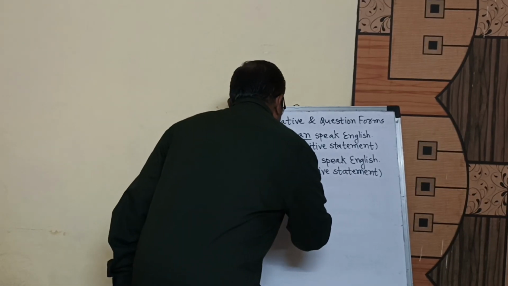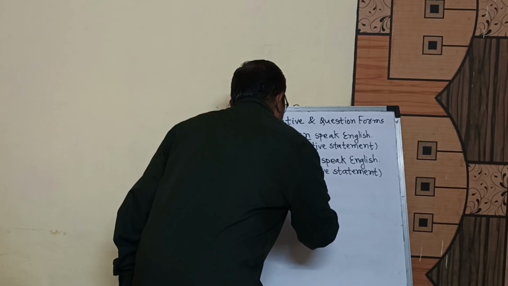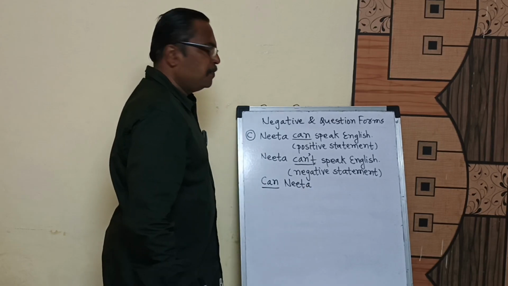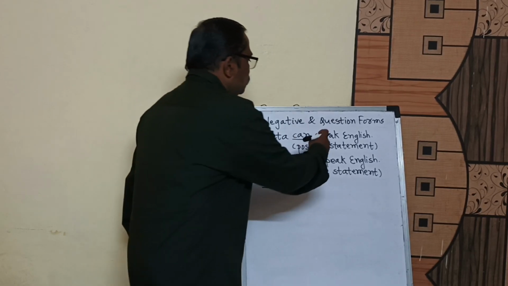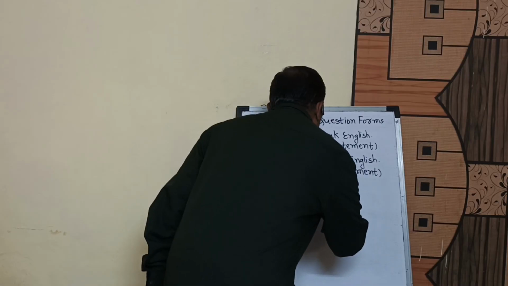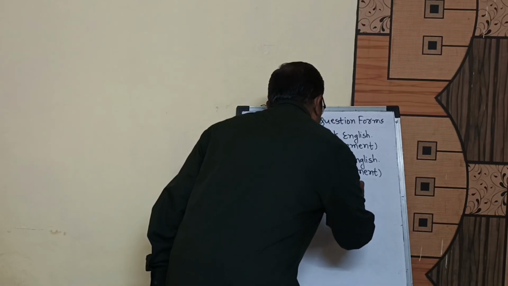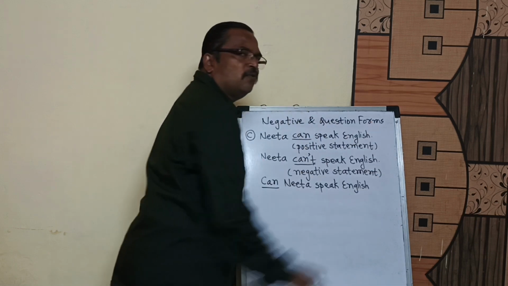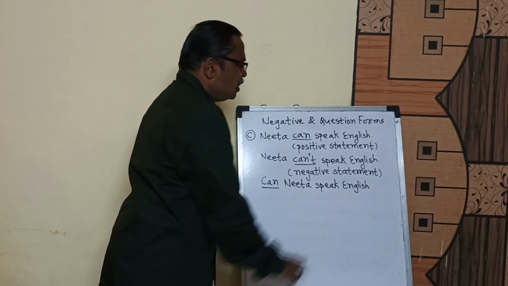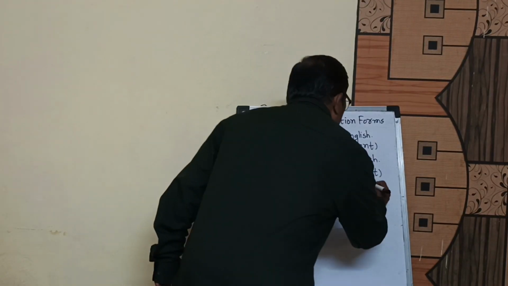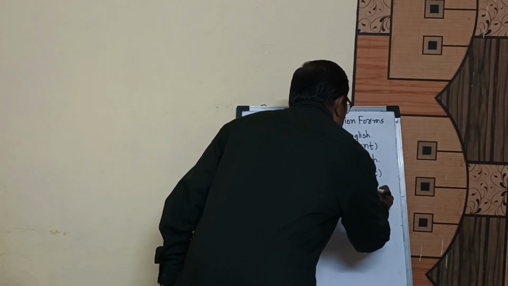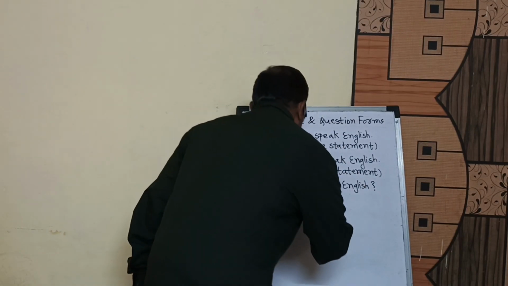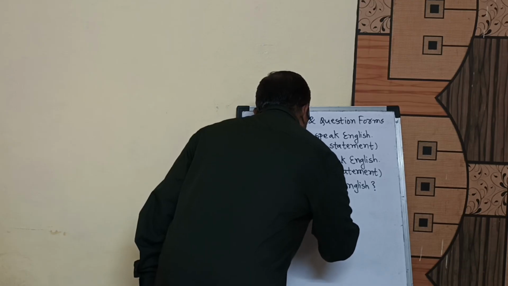Afterwards, we are going to take the noun as it is, Nita, and then write the remaining sentence as it is, that is speak English, but instead of a full stop, now we must make use of a question mark, and thus the sentence has been turned into a positive question.